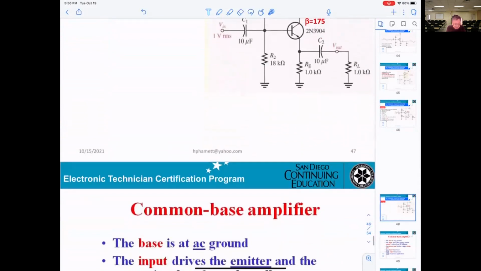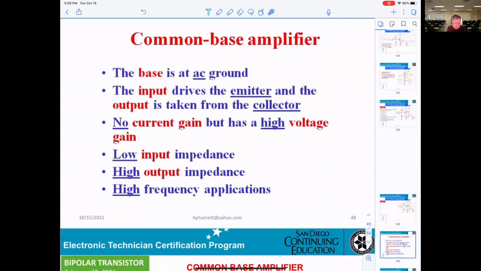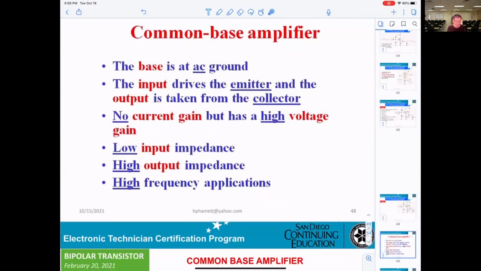Okay, common base. They already told you common base will be AC grounded. Make sure you understand that these are very, very basic for transistor amplifiers: common emitter, common collector, and common base.